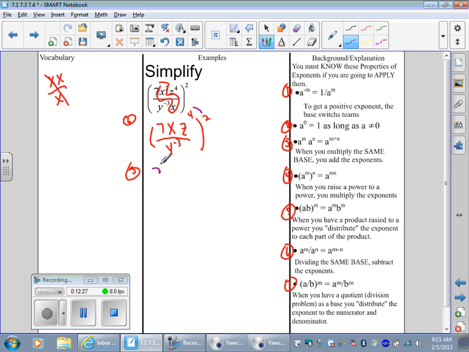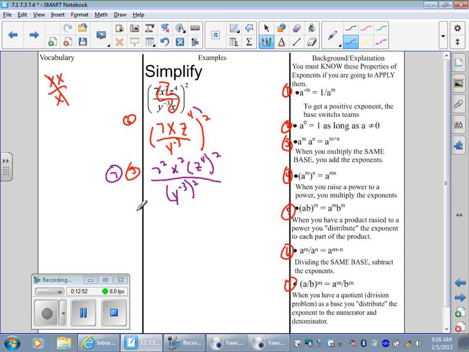So it's going to be 7 squared, x squared, z to the 4th needs to be squared, and that's going to be over y to the negative 3 squared. So not only is this property 5, it's also kind of property 7. So property 5 and property 7 are both being applied there.